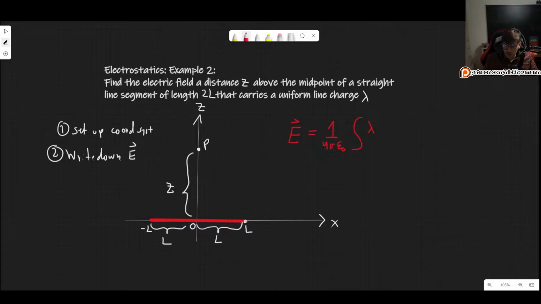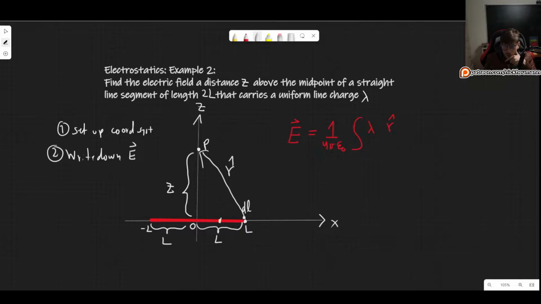Then be very careful, because we used to have this r hat vector, and we will still have it, but once we integrate, we take every little dl, an infinitesimal part of this segment, and we apply this formula. From this point, we will have to find r hat.